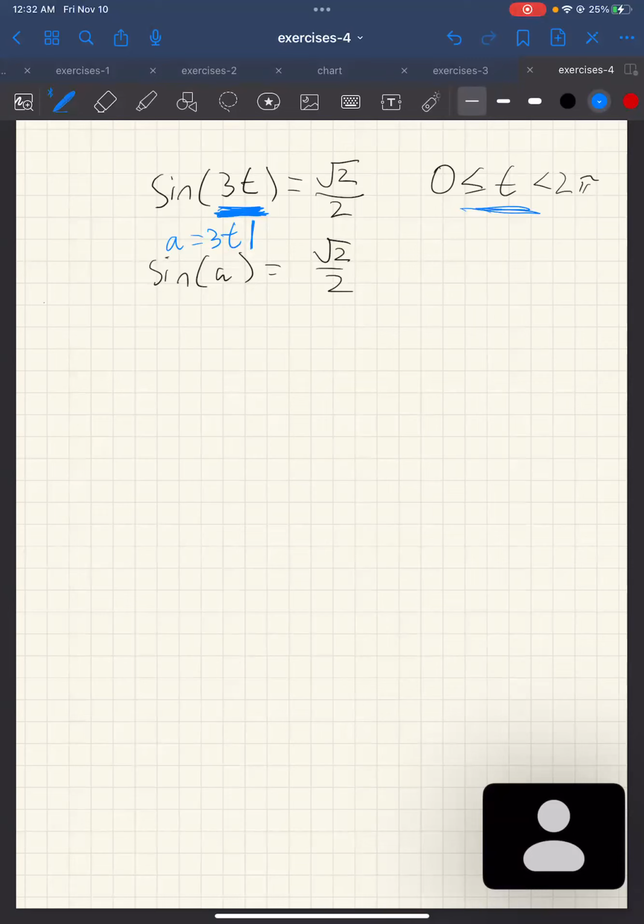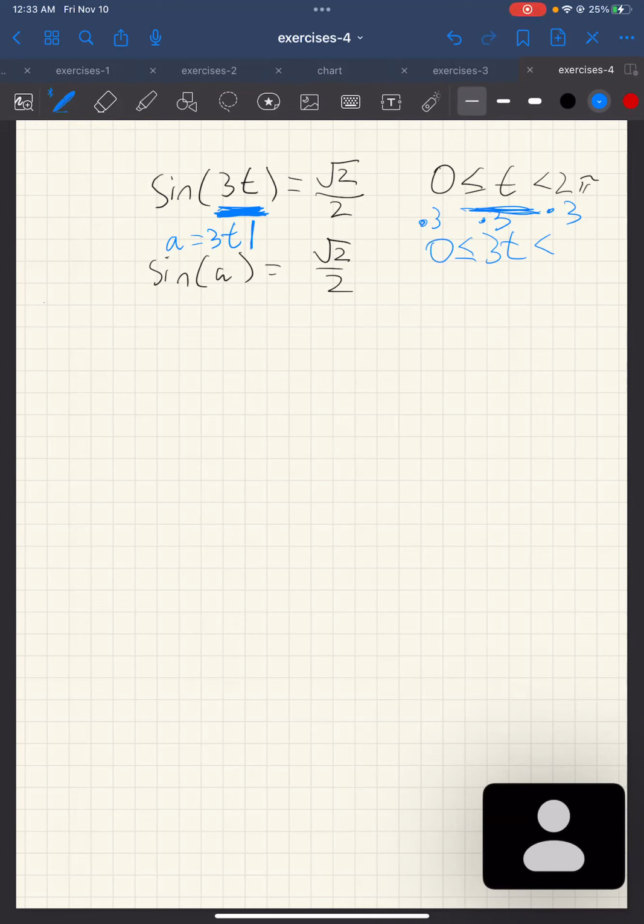So in order to get this thing in terms of a, I need 3t in the middle here. So what do I do to t to get 3t? I just multiplied it by 3. So I need to multiply all parts of this inequality by 3.